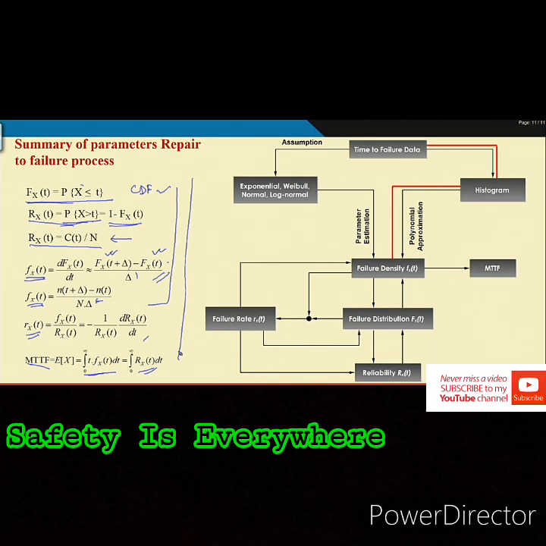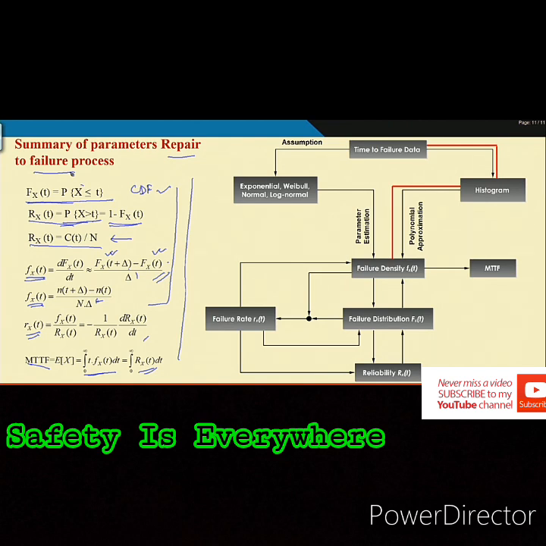This figure is basically talking about the parameters. Here we are basically considering the repair to failure process. Repair to failure means it is a non-repairable system; once it fails you have to discard it.